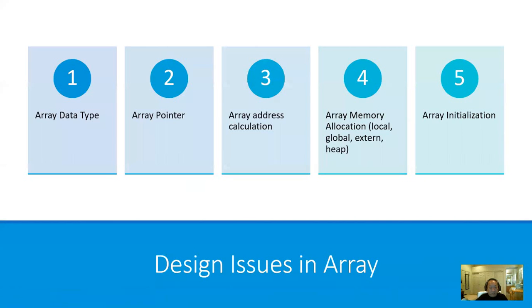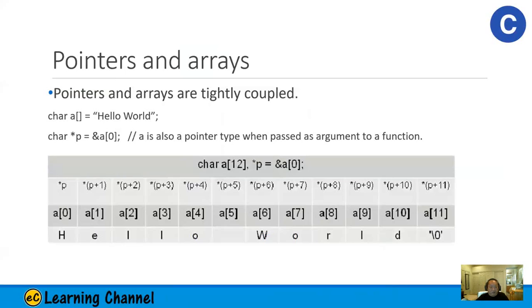So design issues in arrays: you have array data type, array pointer, array address calculation, array memory allocation, and array initialization. Five different topics to talk about. The first one is a pointer to an array.